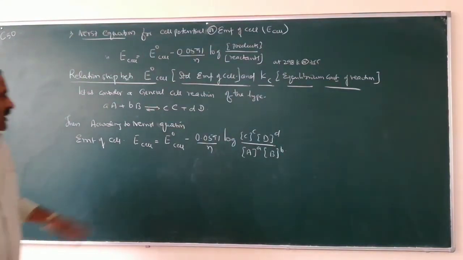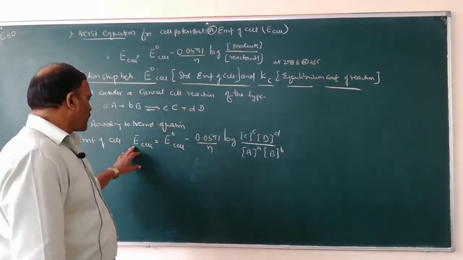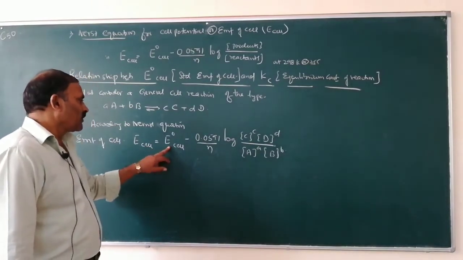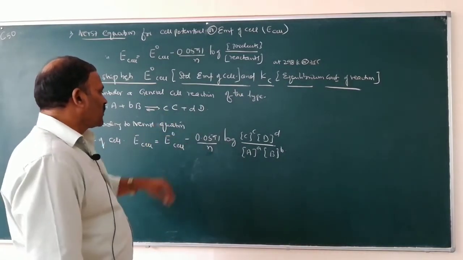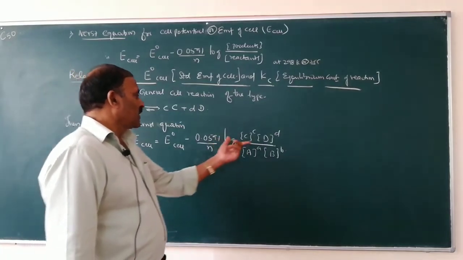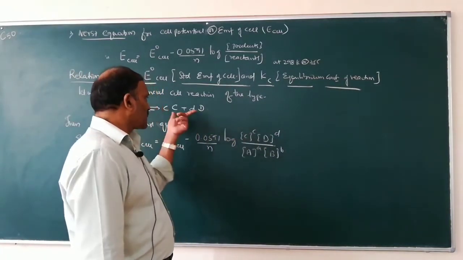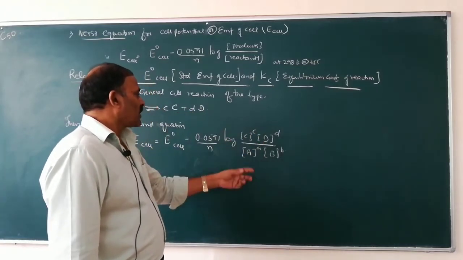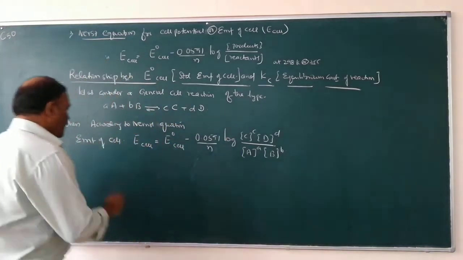So this is the Nernst equation to calculate cell potential or EMF of the cell, where E naught is the standard EMF of the cell and n is the number of electrons involved in the cell reaction. Here it is the ratio of concentration of products divided by concentration of reactants, all raised to the power equal to their coefficients.